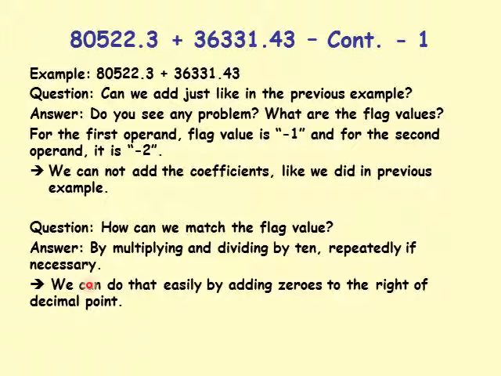We can do that easily by adding zeros to the right of the decimal point. If we add a zero to the right of the decimal point, its value doesn't change, but its flag value does. It's an equivalent number, but the flag value changes. That's what we studied in the previous section.